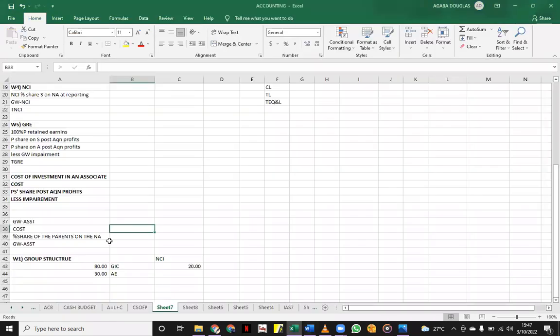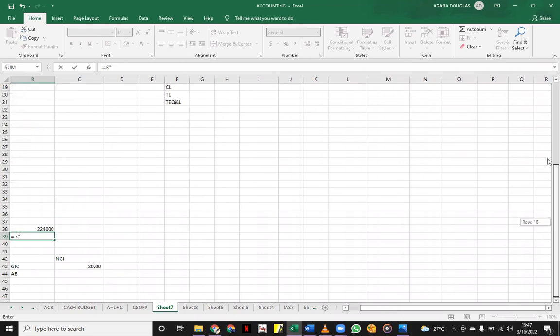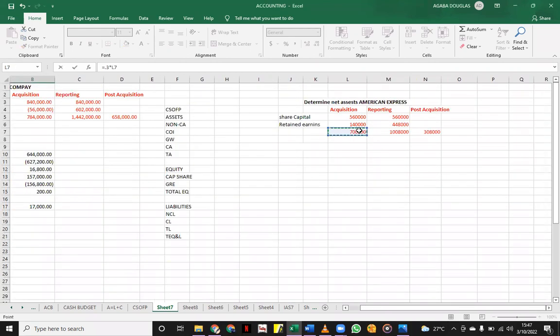So we'll put out 224,000 shillings, and then we'll put the percentage share of the parent. Remember, we have 30% influence. So we'll come and then we get to know the parent's share, which is here.